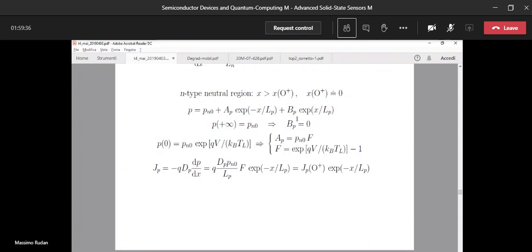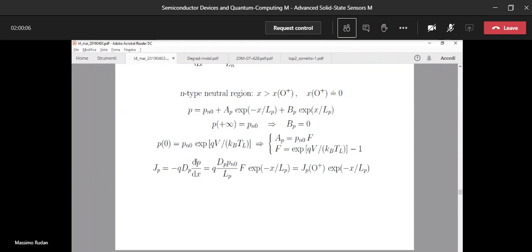So again, we have Bp equal to 0 because of the asymptotic condition. P at 0 is equal to the Shockley boundary condition. So Ap is equal to Pn0 times F. F is the same as before, the same F as for the electrons, okay?